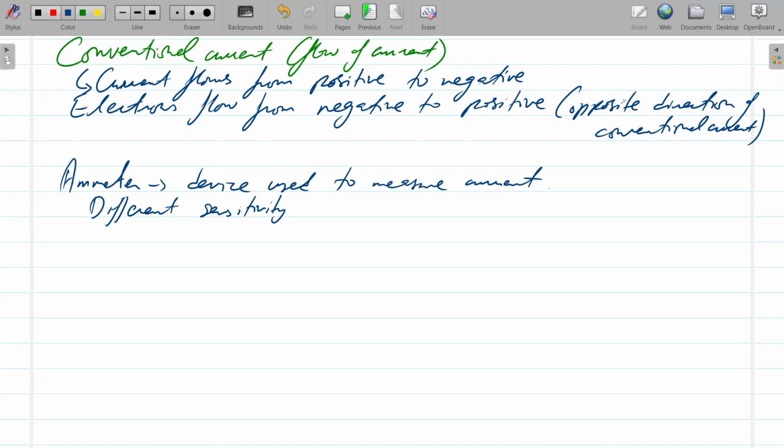So when we saw that illustration for the Van de Graaff, you saw what they had was a picoammeter, right?